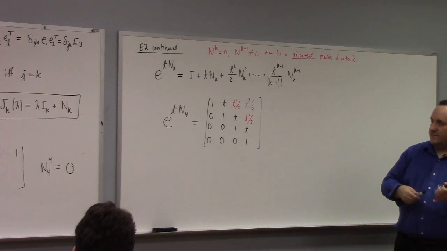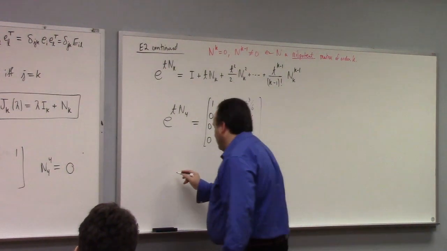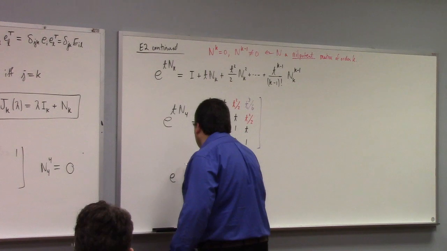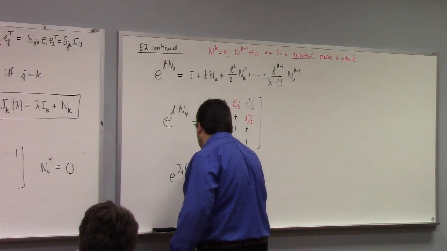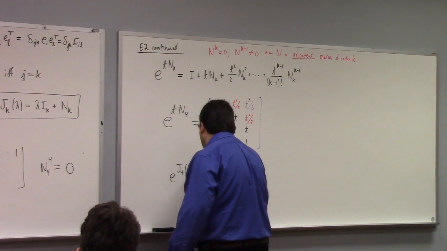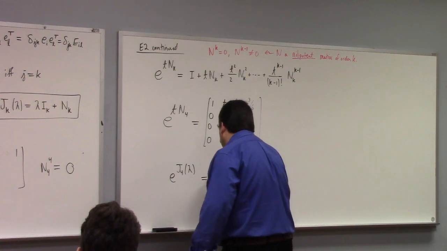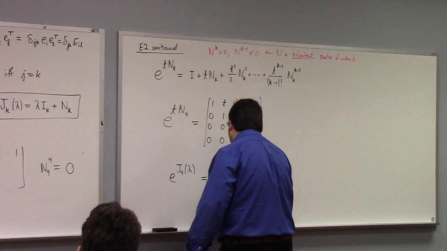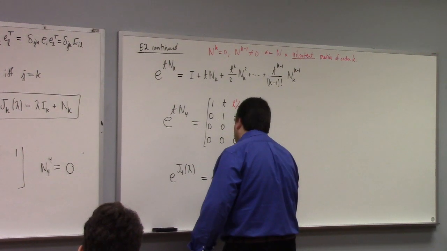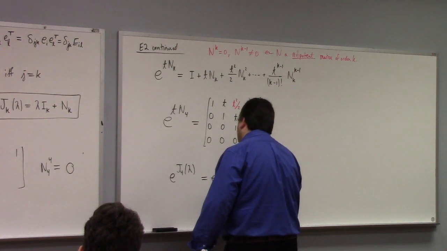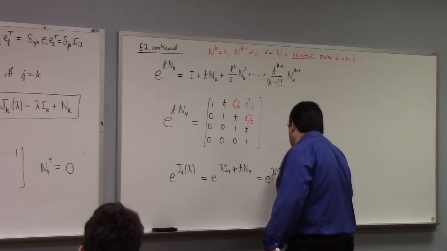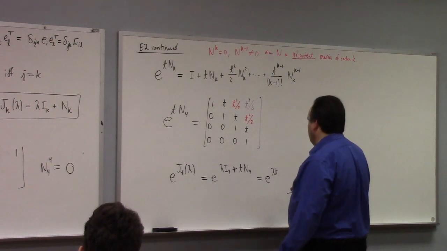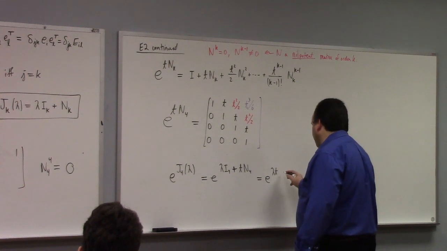The thing is, if you have something like e to the, let's say, J for lambda, right? Then that's e to the lambda I plus t N. And that just works out to e to the lambda t times this thing we just wrote up here, all right?